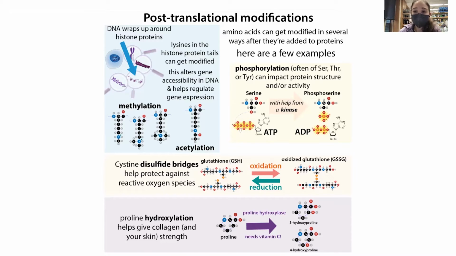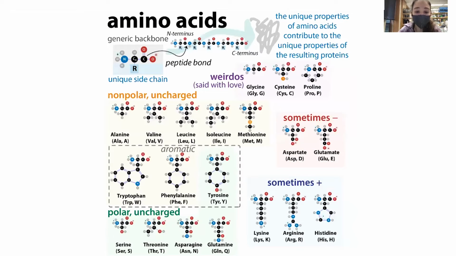To do this, you'd need to specify exactly where you want them to be. There are some methods for incorporating unnatural amino acids where you use an analog that looks really, really similar, so it can trick the machinery into using it. But you're restricted to something really similar so that it can trick the machinery.